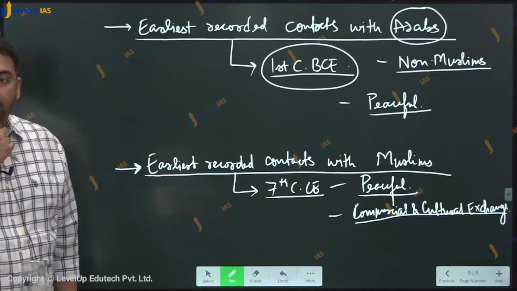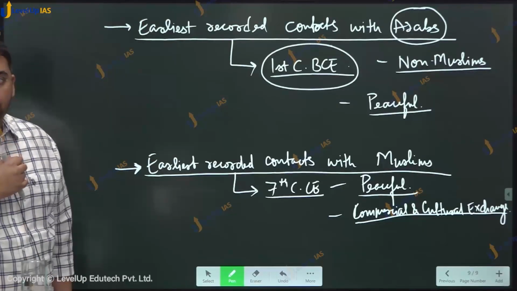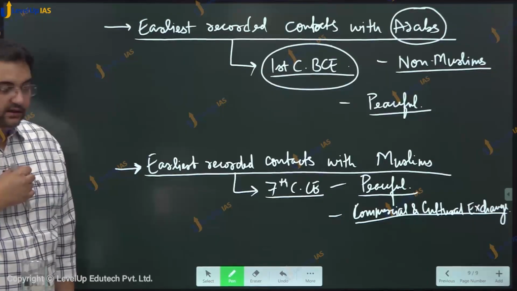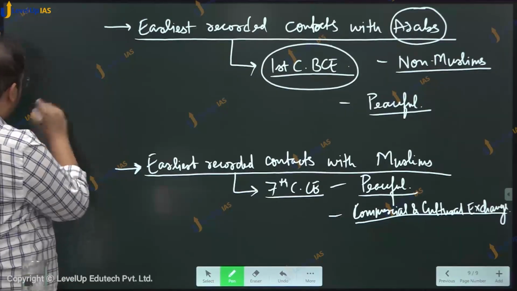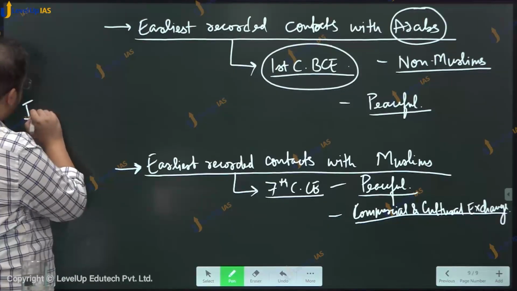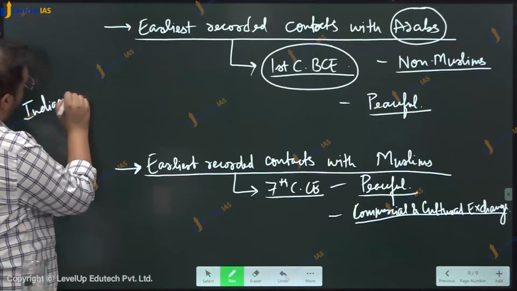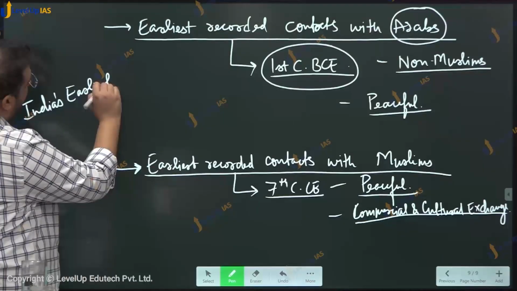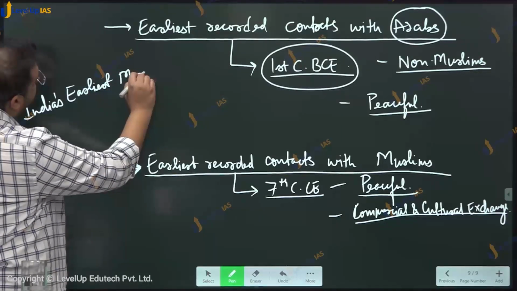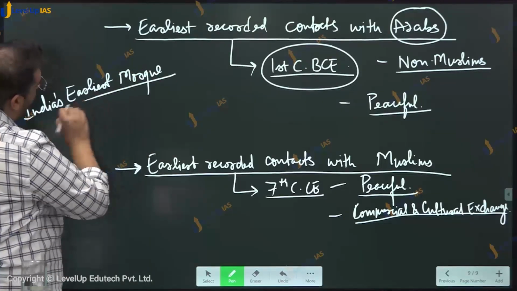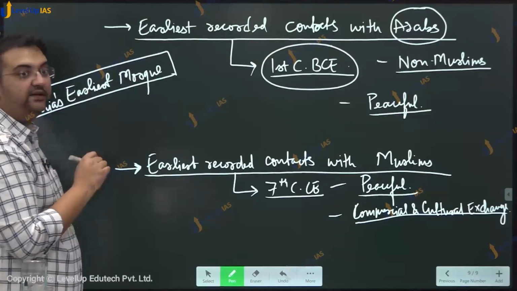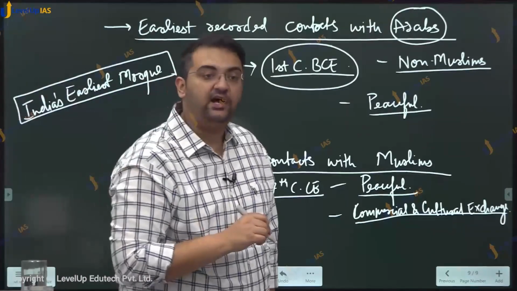कहाँ पे बनाया गया ये? सदर्न इंडिया में. कहाँ पर? केरला में. ठीक है. So India's earliest mosque was in fact constructed under the patronage of a local Chera ruler, right?